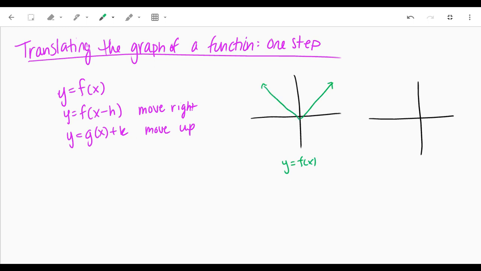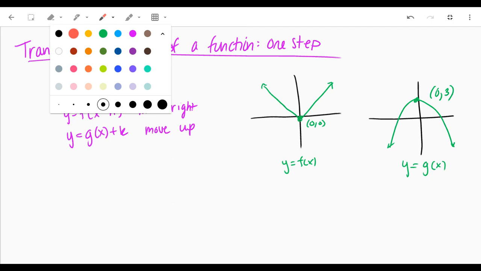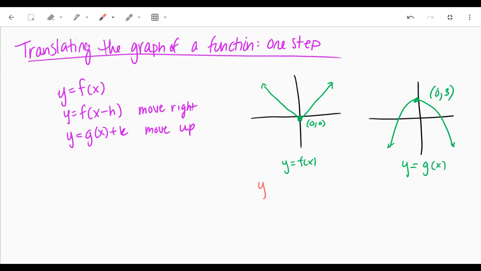Okay, and then they also give you y equals g of x, which is a parabola that opens down. Okay, and they give you this point is at 0, 0, and they give you that this point is at 0, 3. Okay, and so what the problem asks you to do is graph y equals f of x plus 4, and also graph y equals g of x minus 3.